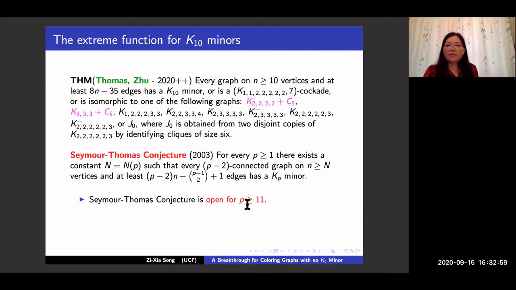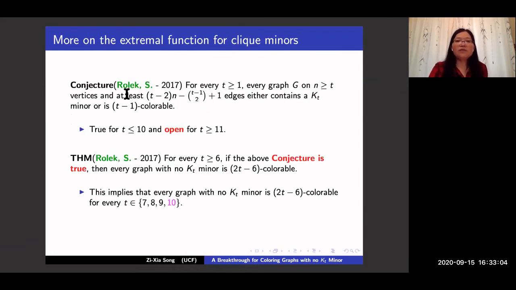Now with my former PhD student, Martin Rolek, we made this conjecture for a reason. We think maybe Mader's bound is true in the following sense. If you look at all the small counterexamples, they are all (t-1)-colorable.